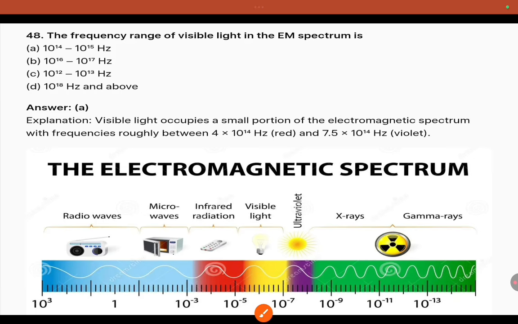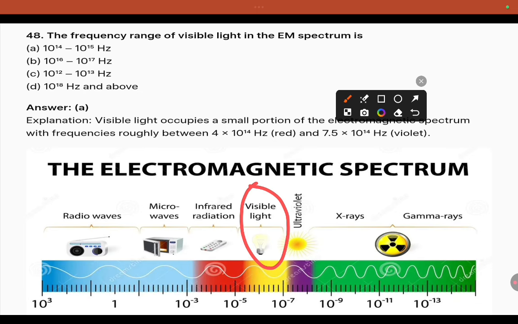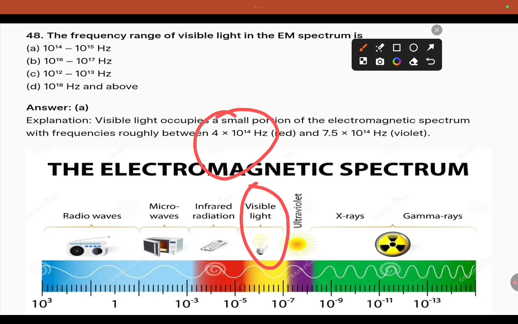That is about the frequency range of visible light in the electromagnetic spectrum. You can see here gamma, X-ray, UV, visible. So the frequency range is roughly 4 × 10^14 Hz to 7.5 × 10^14 Hz, the wavelength range 0.4 to 0.7 micrometre.